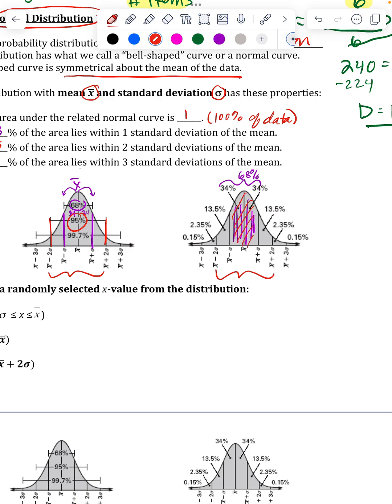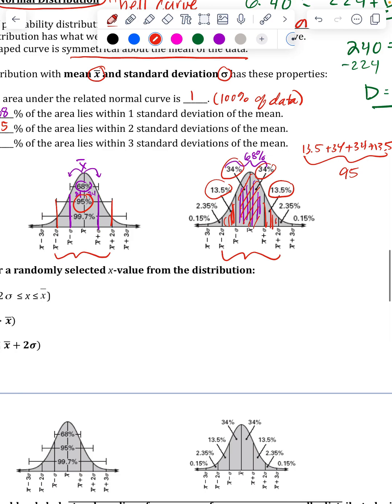When you take away the 68 and then divide what's left in half, each of these chunks separately is 13.5. So if I added the 13.5, then the 34 of this chunk, then the 34 of this side, and then the 13.5 here, if I added those four chunks together, that would come up to be the 95 that the one on the left is showing. So it's just breaking it down into smaller sections over here.